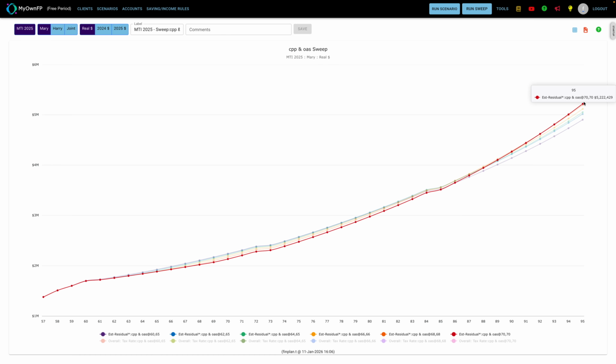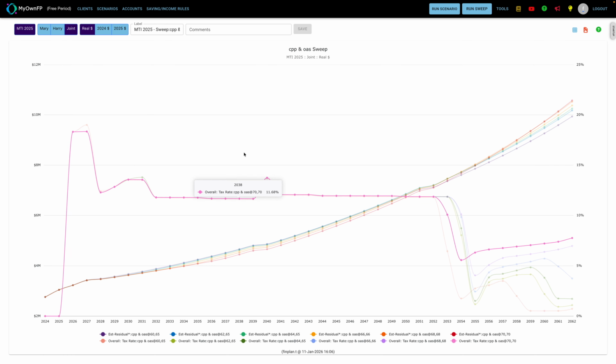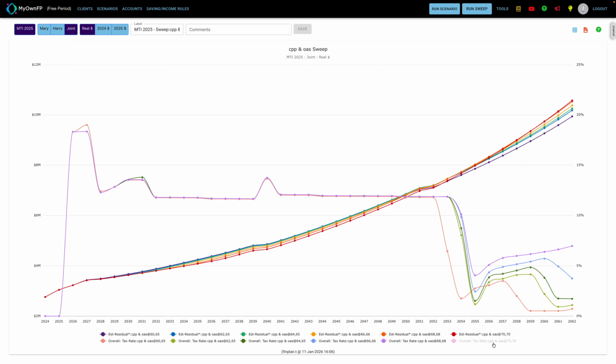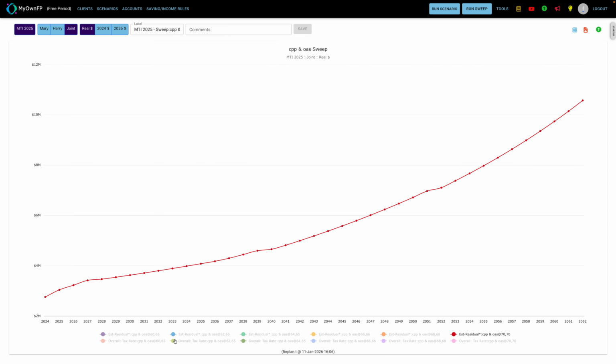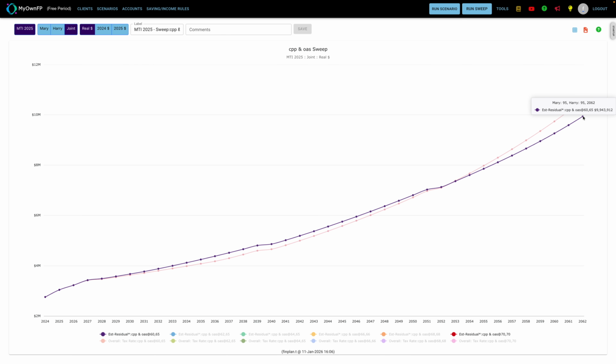So it's again, relative to your $5 million estate, or if I take this as joint and I look at OAS at 70 and not tax rate, that's the residual at 70 and 65. You're looking at $9.9 million on taking it all as early, and 10.6 or so.